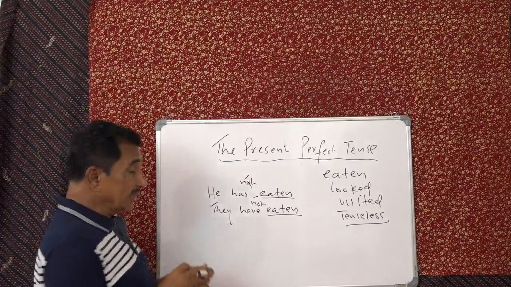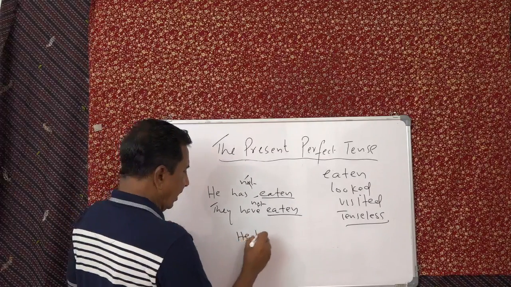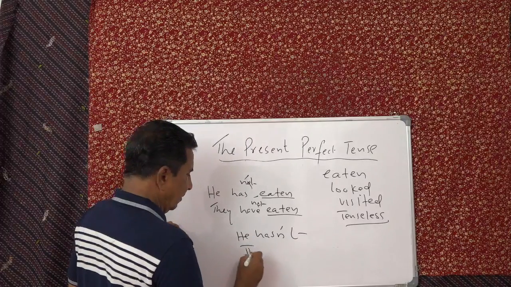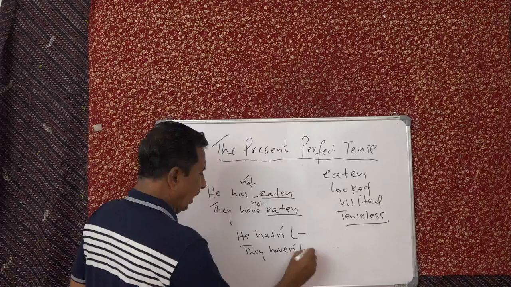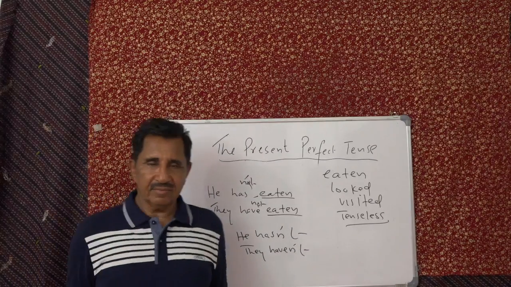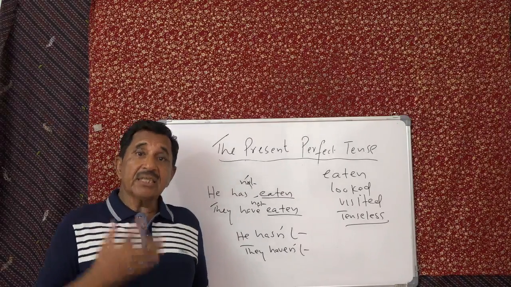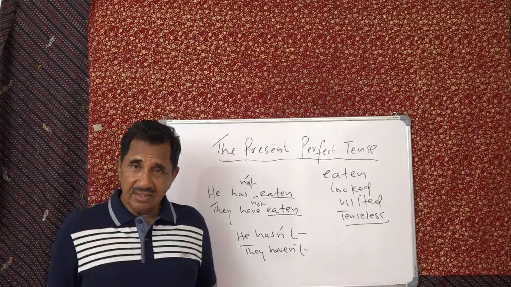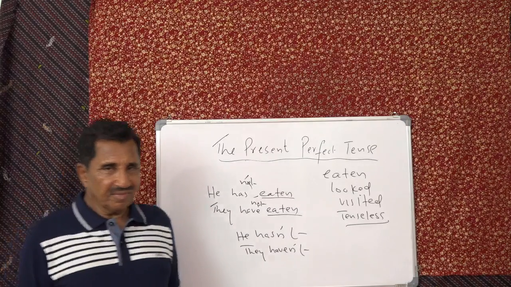So you say he hasn't, they haven't. Have not, hasn't. Correct. I haven't, you haven't, she hasn't, he hasn't, it hasn't, we haven't, they haven't, you haven't. It's very simple.